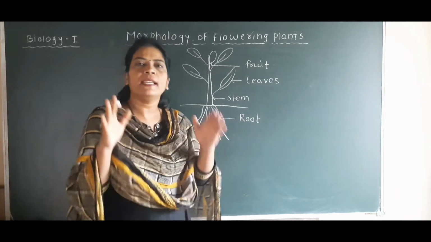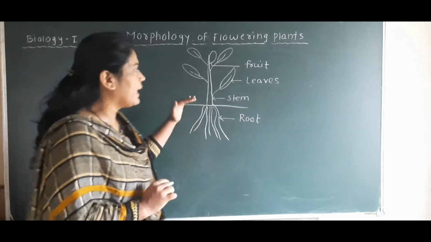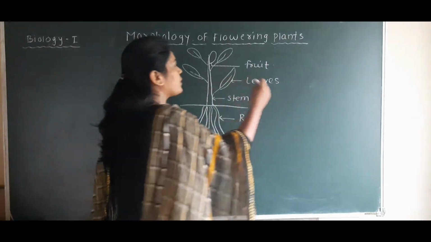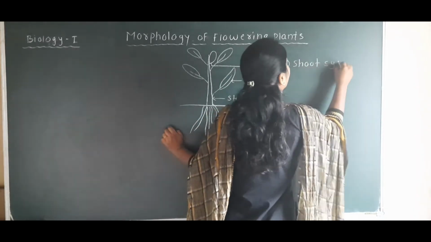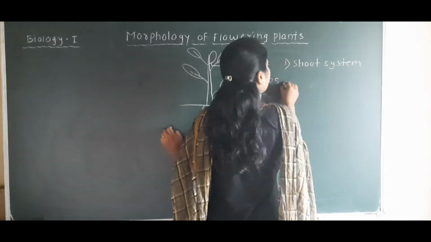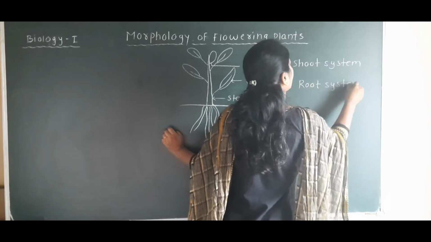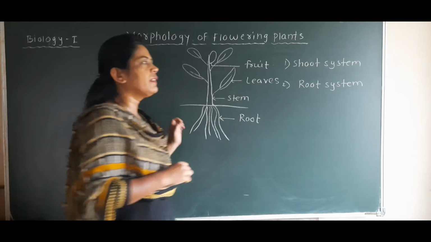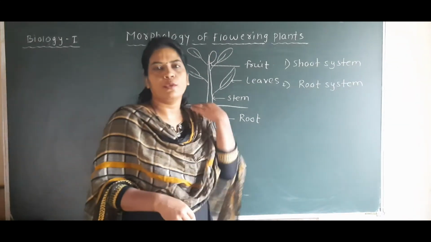Okay, so in any plant you can observe two systems. One is called the shoot system and another one is called the root system. So what is meant by shoot system and root system?